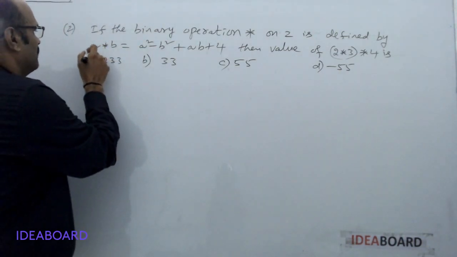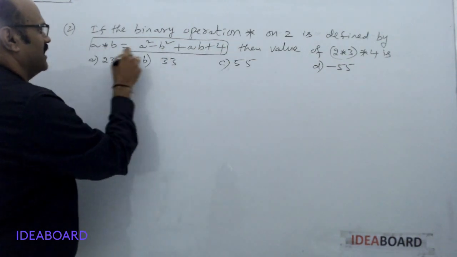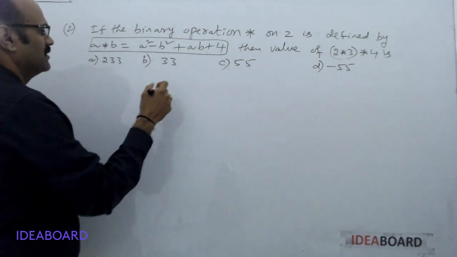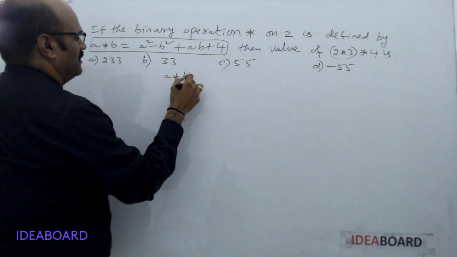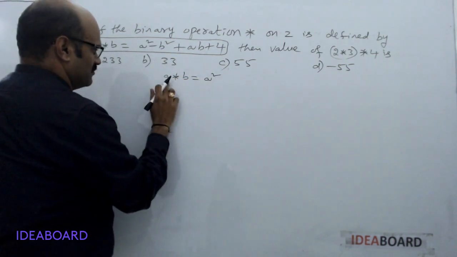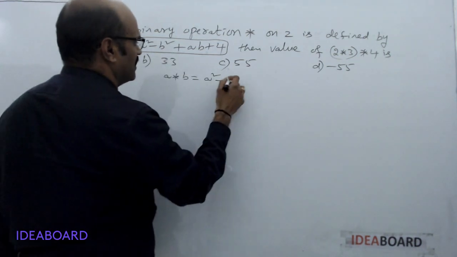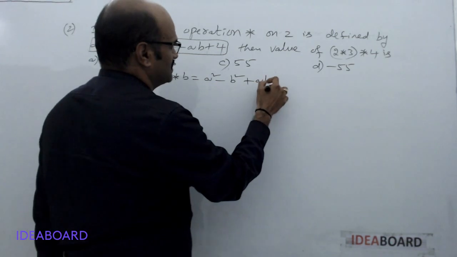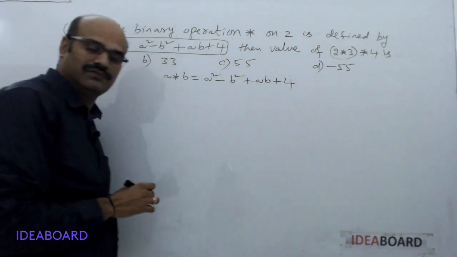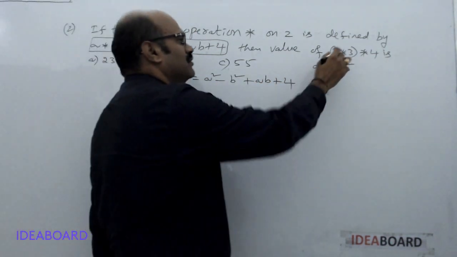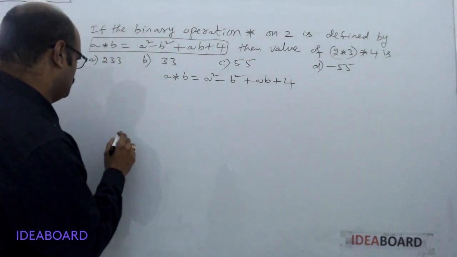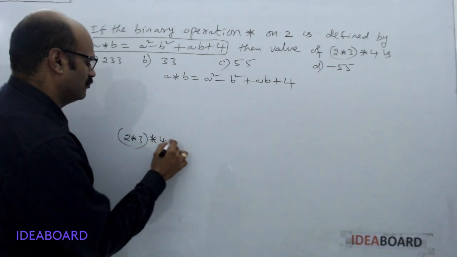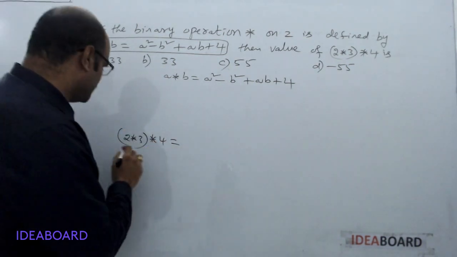Here A star B is defined by A square minus B square plus AB plus 4. Here we have to find 2 star 3 star 4. First let us find 2 star 3.